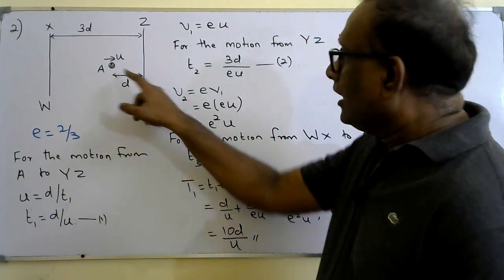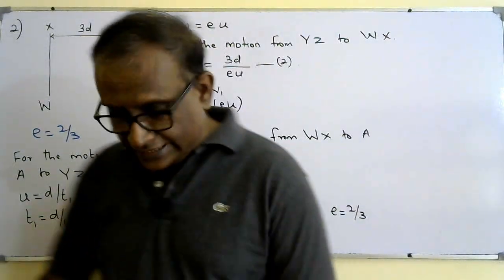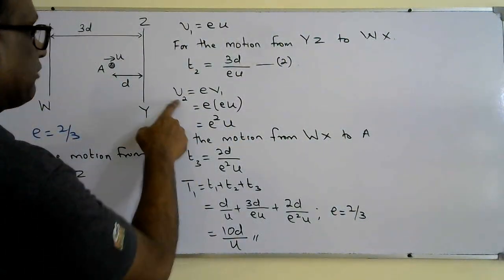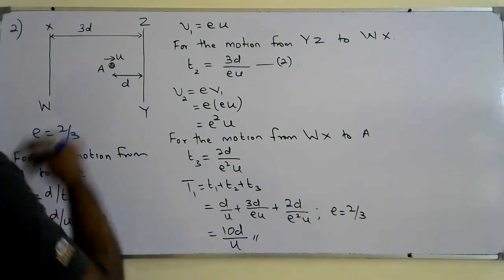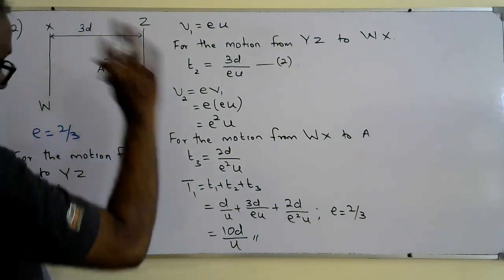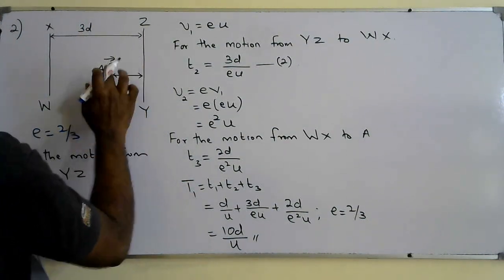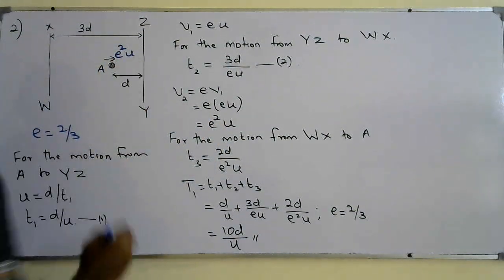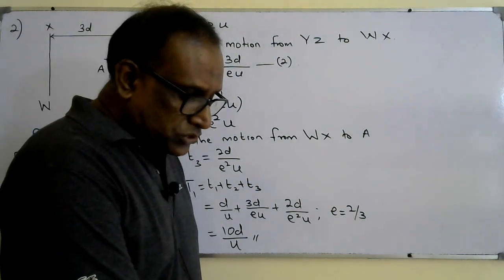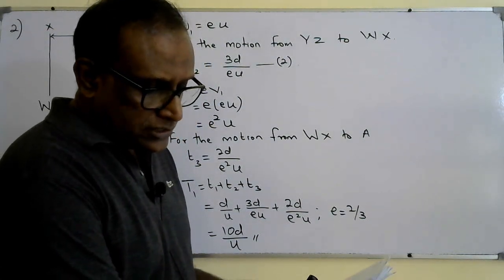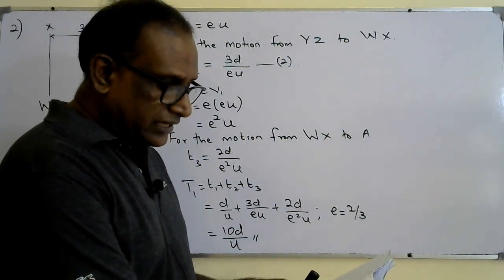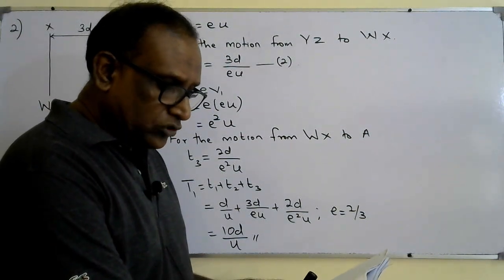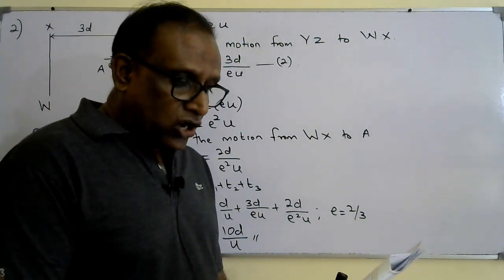At what speed is it approaching? It's going to approach at v2, E squared u. Earlier it started the motion initially with u; now it's going to approach A with E squared u. Now what's going to happen? The further time taken for the particle to move from A, bounce off each wall.